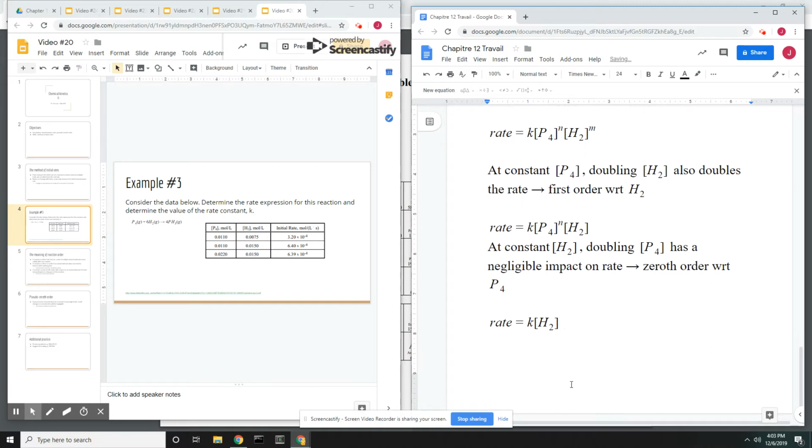Then from here, to determine the value of k, I can take any of my 3 trials. It does not matter which one I take. I'm going to take the first one. The rate is equal to k, and then I just take the hydrogen concentration in there. And then all I do is solve.